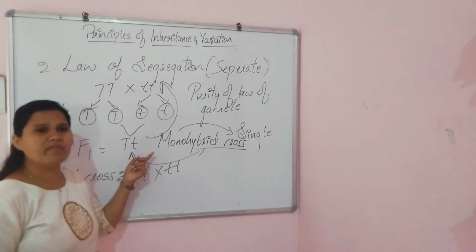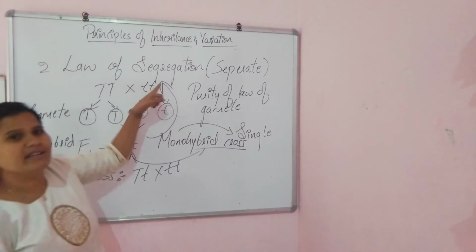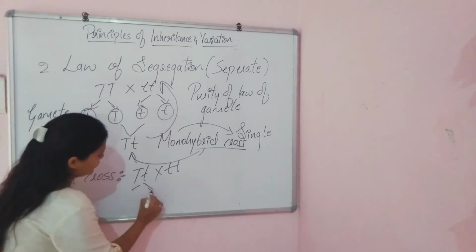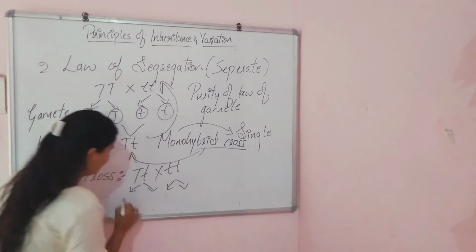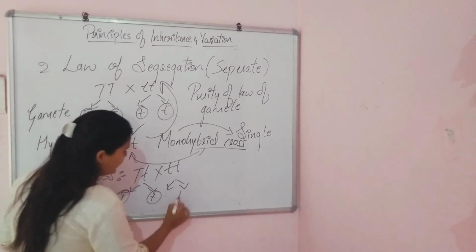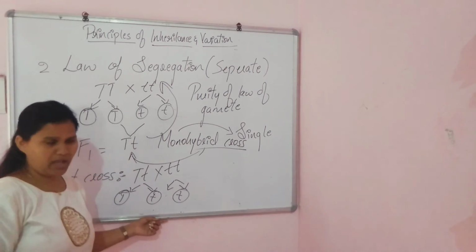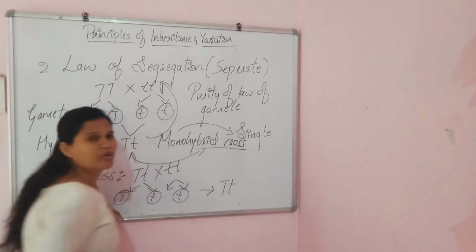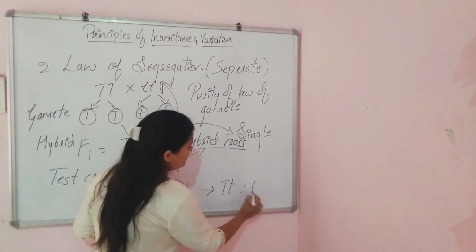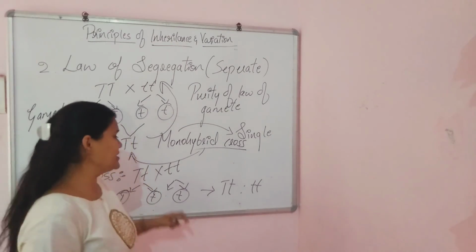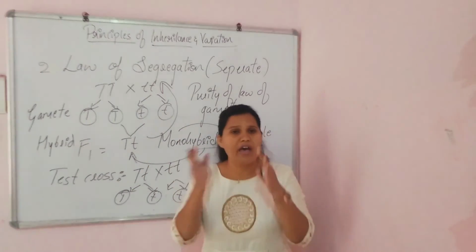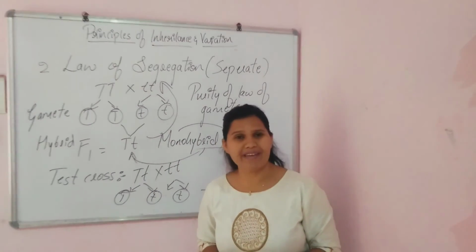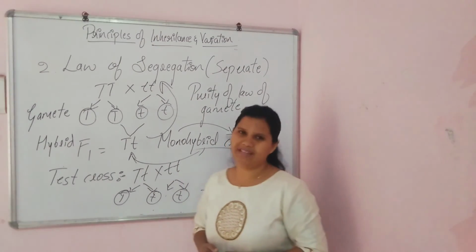Let's form gametes here: capital T, small t, and from the dwarf we get small t. The offspring produced will be 50% heterozygous tall and 50% homozygous dwarf. So this is what the test cross is.